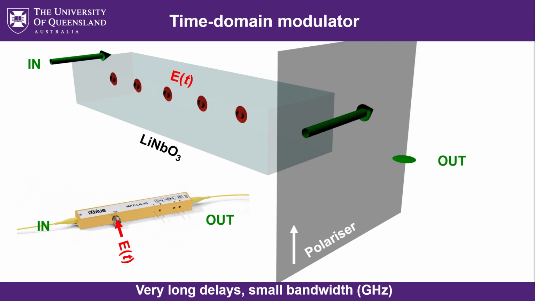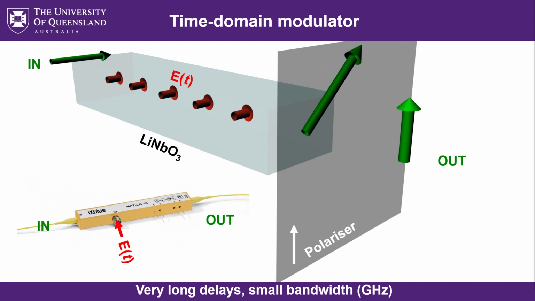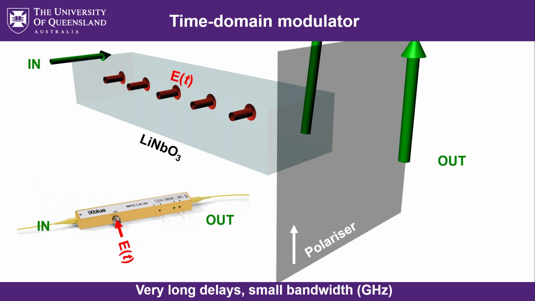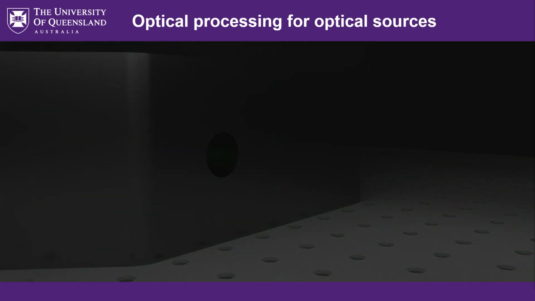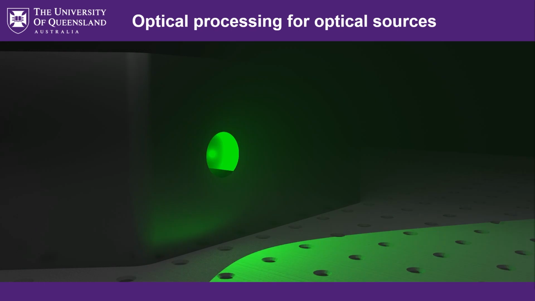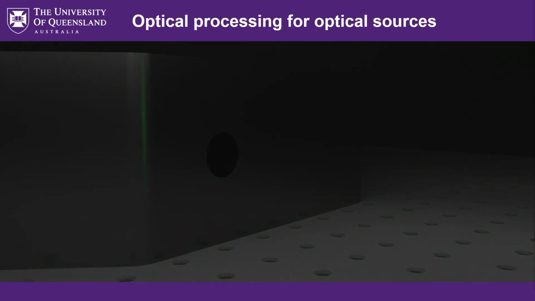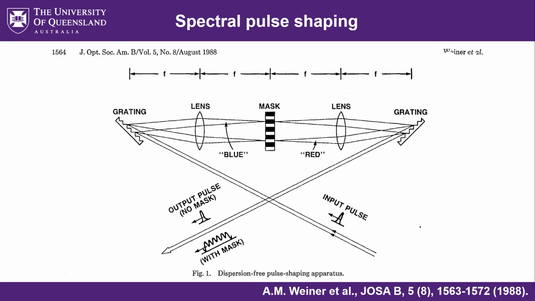But what if the bandwidth of the modulation you're trying to impose on the beam is higher than that, say terahertz? Maybe you're working with a femtosecond laser and you want to manipulate the beam on that femtosecond timescale. Well, in that case, you typically use a frequency domain technique like spectral pulse shaping. It's a technique that's been around since the 80s.